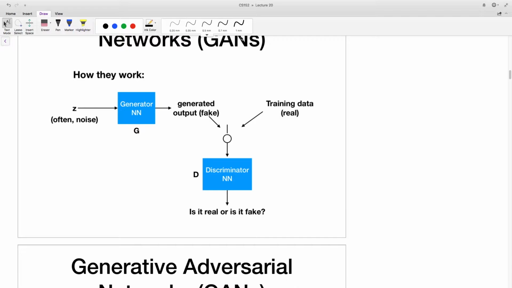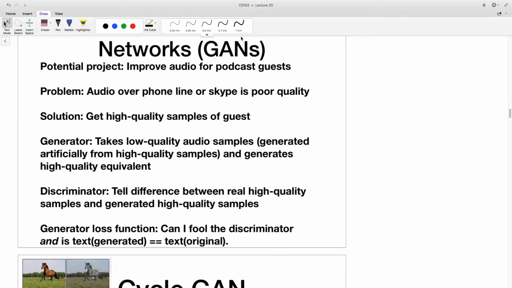It's a generated zebra or a generated celebrity face or generated music, generated text, and then a discriminator that is trying to differentiate between fake and real versions of those. We train the discriminator and the generator. The discriminator gets trained separately. The generator gets trained separately, but depends on the output of the discriminator.